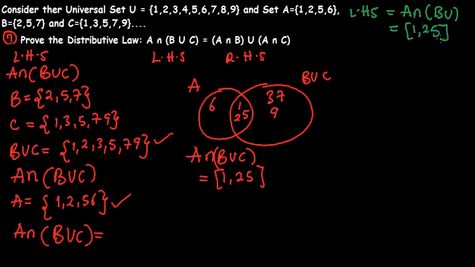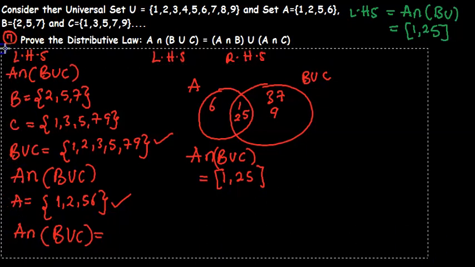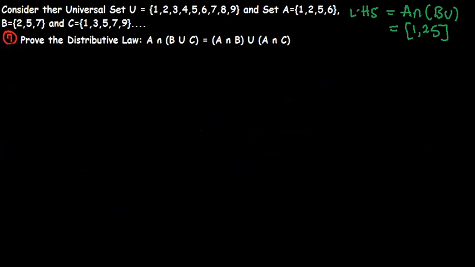This is for the left hand side. What about the right hand side? Let's try it also. For the right hand side here, we are asked to prove (A intersection B) union (A intersection C).